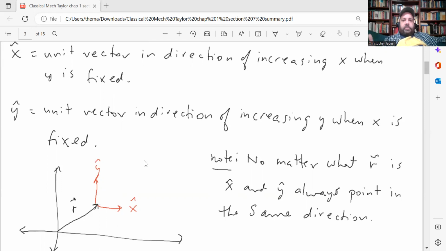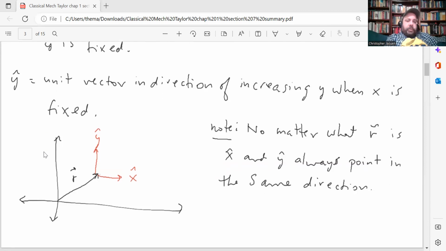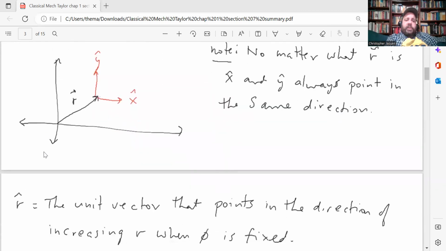You just take the derivative of the x coordinate with respect to time times x hat plus the derivative of the y coordinate with respect to time times y hat. And you just keep going like that for higher and higher derivatives. So that aspect of Cartesian coordinates is nice.